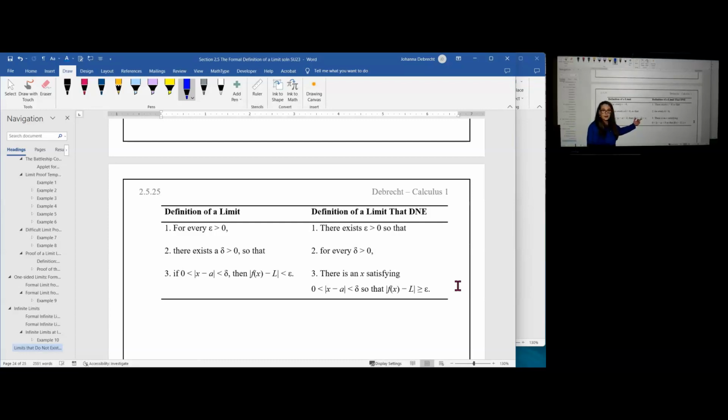All right, 2 errors. I'm going to have to fix that. The magnitude of f of x minus L needs to be greater than or equal to epsilon. There is an x satisfying this equation. Okay. I hope that this helps you to understand what the limit truly is.